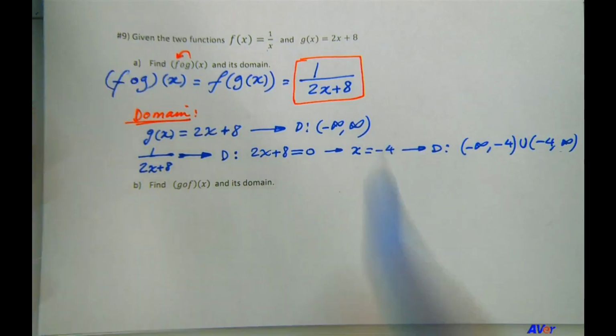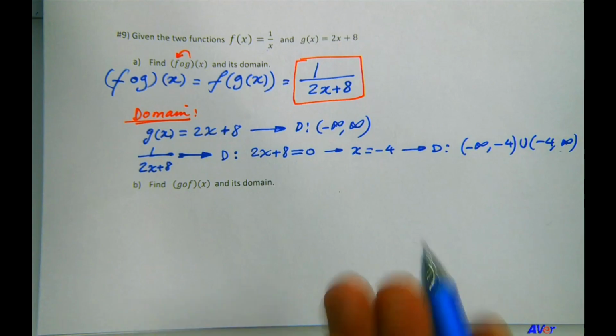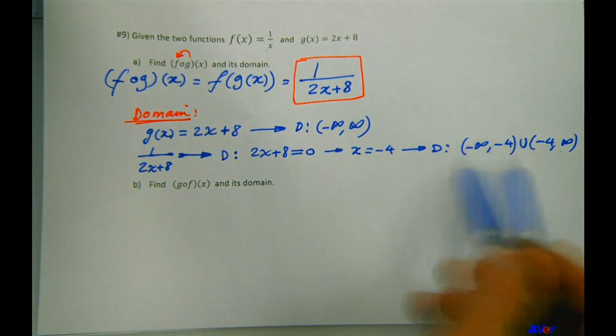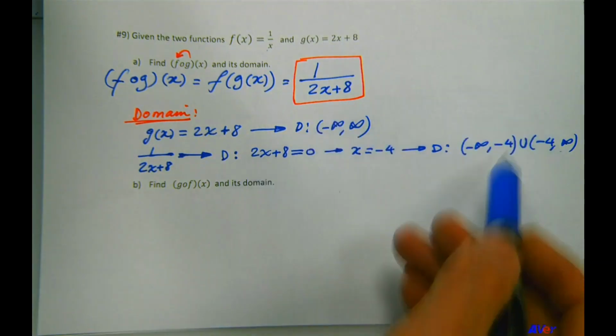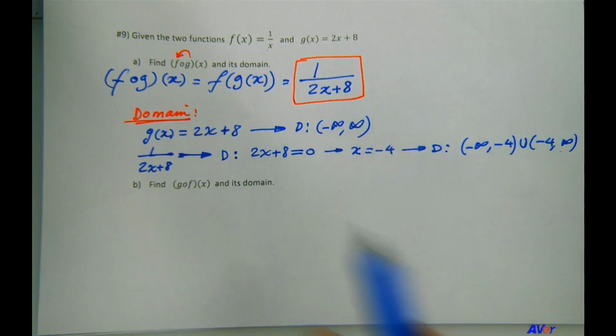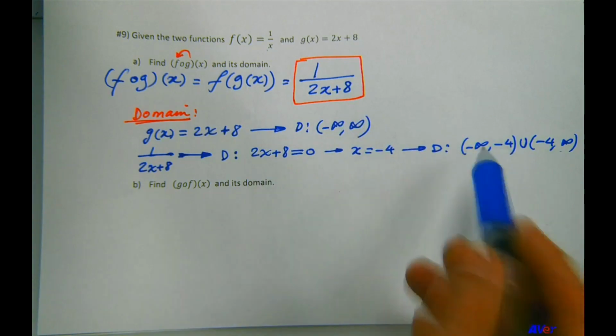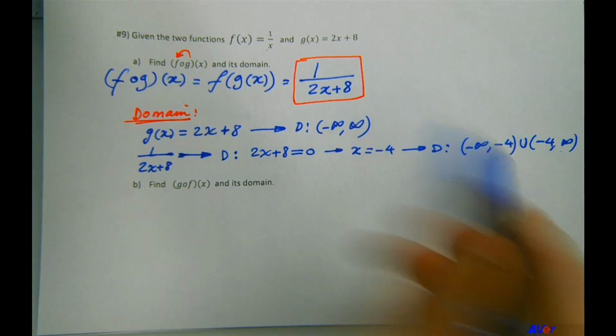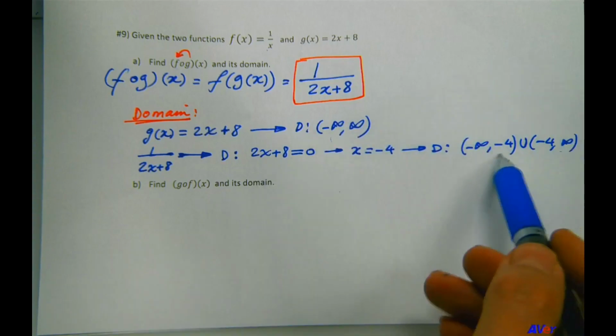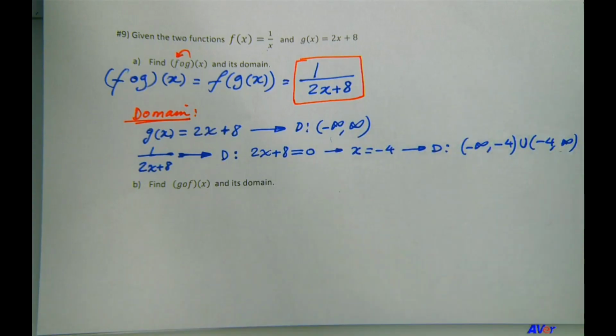In this case, if you take the intersection of this domain with that domain, you end up with this. But a lot of times that may not be the case. A lot of times when you take the intersection of this with that, you don't end up with this. So be careful in cases like that. As a matter of fact, I think we may have examples like that here in this set of worksheets.